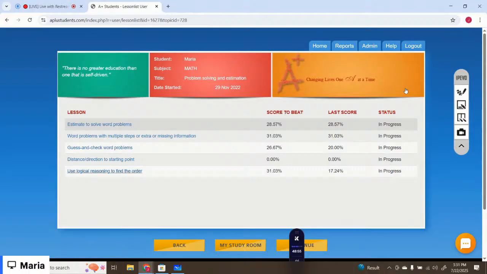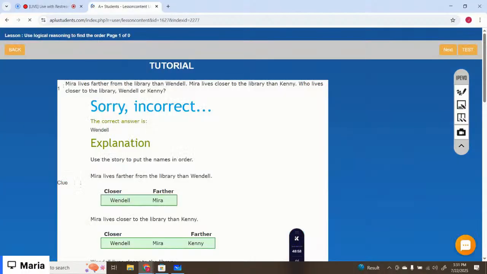use logical reasoning to find the order. So I'm going to start with the test questions, right?